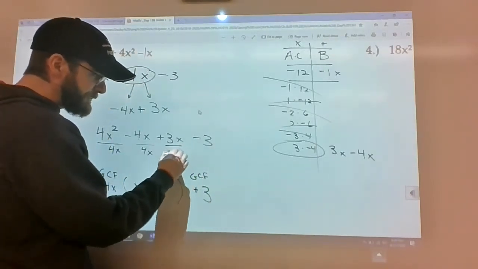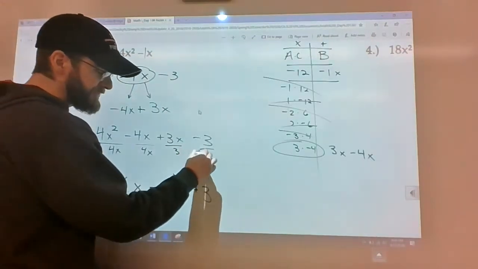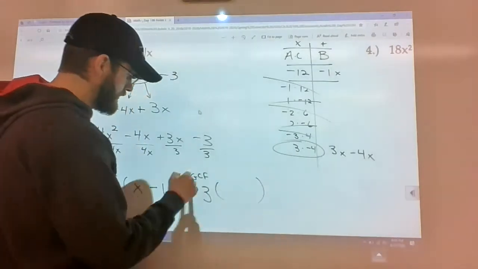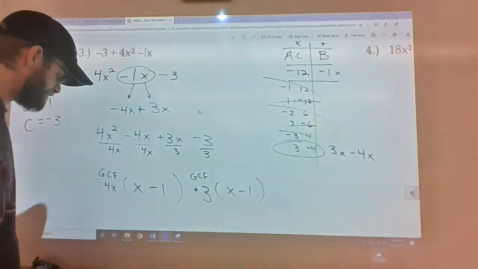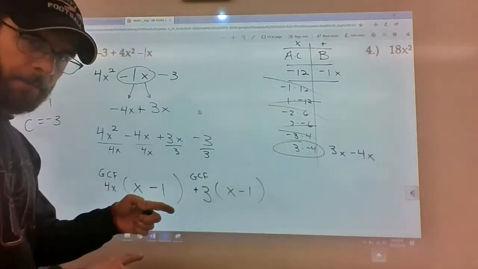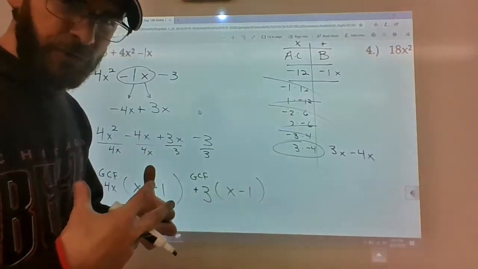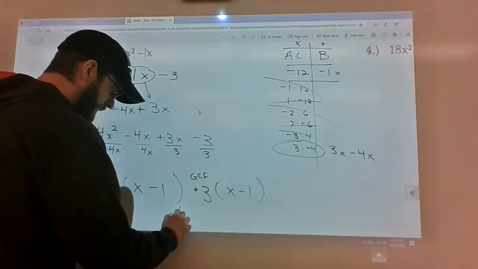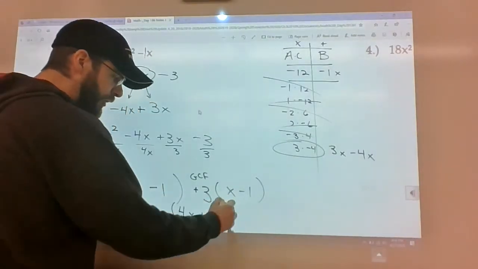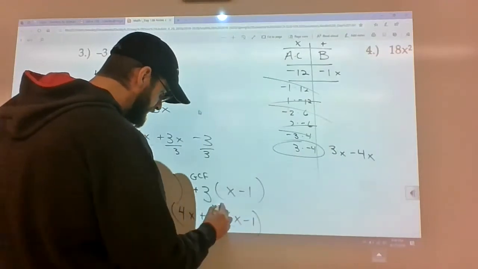Because if I divide this by 3, I get a positive, and if I divide this by 3, I get a negative, and that's exactly what I want. All right, and then the GCFs become kind of like a one-group binomial. And then the leftovers, there you go.